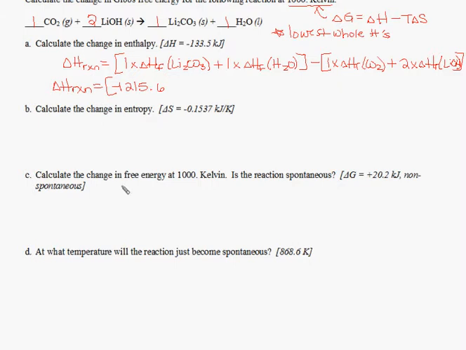So we're going to add a negative 285.8. And then subtract the whole quantity. You want to, again, get the carbon dioxide. So that's a negative 393. Whoops. That's a negative 393.5. There's only one of those. And then we're going to add 2 of our lithium hydroxides, which is a negative 47.2.